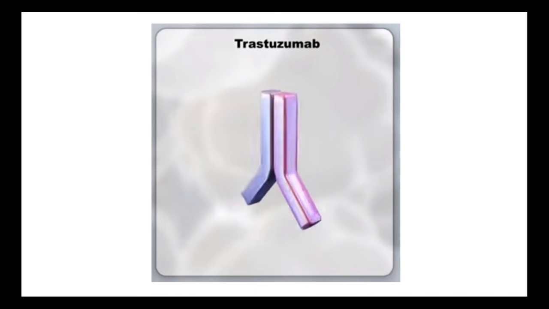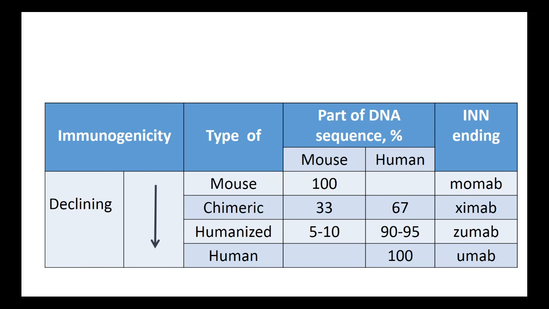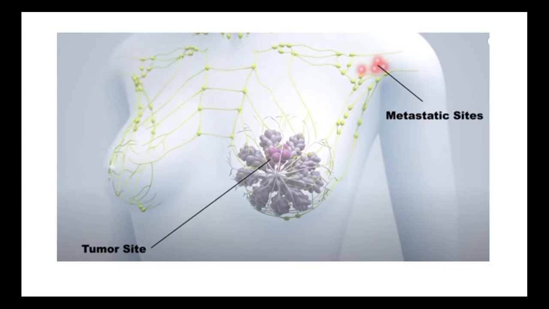And this drug will be trastuzumab, and from its name and from its ending you can understand which type of drug this is. It is a humanized antibody, with 5-10% DNA from mouse and 95% from human.